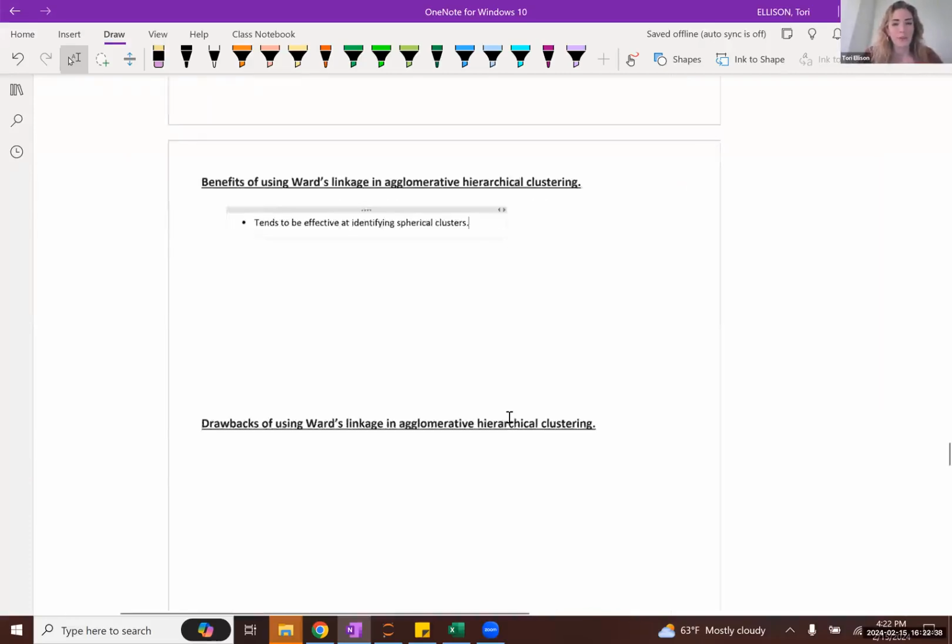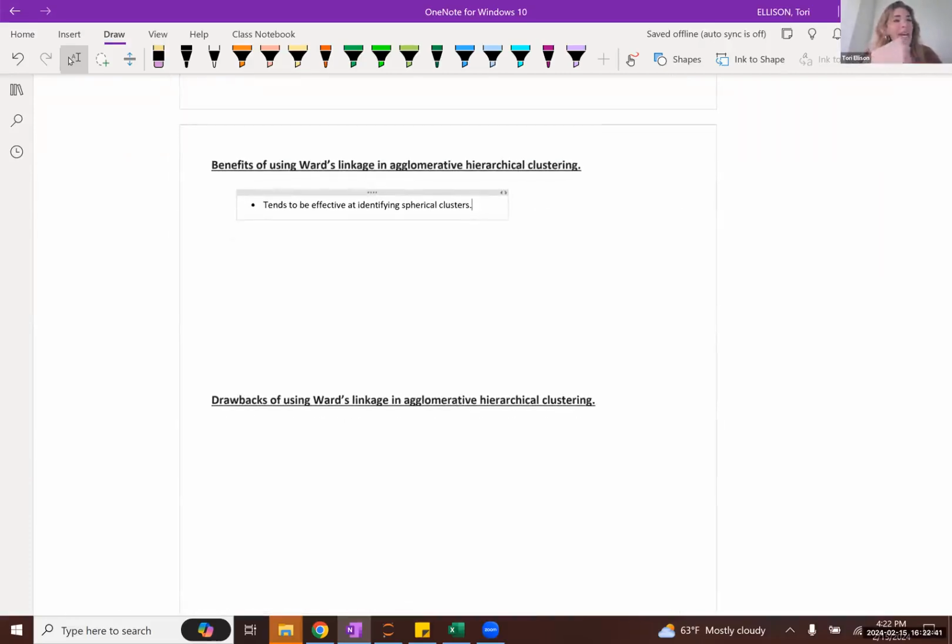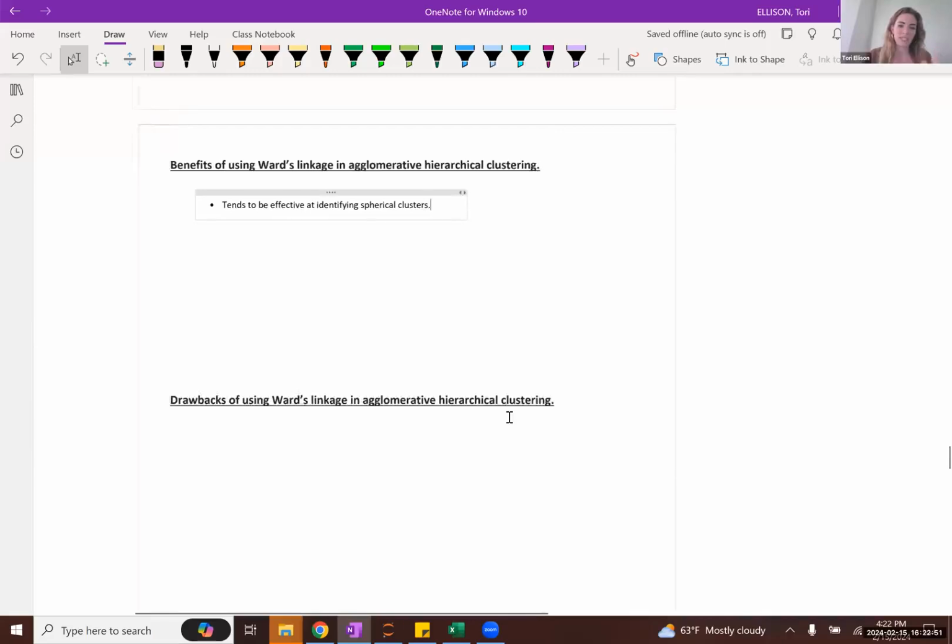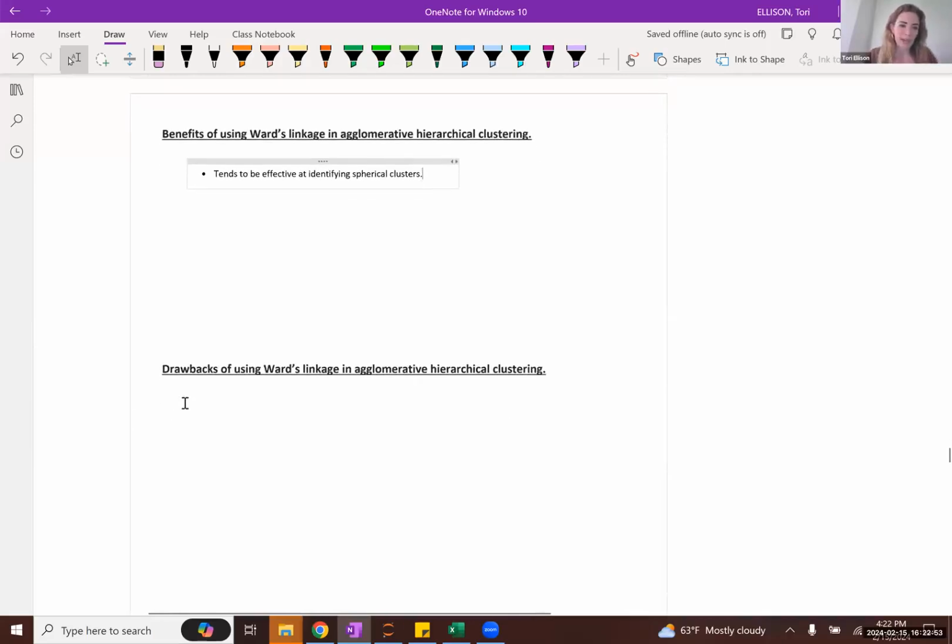In other words, Ward's linkage is carrying with it the same assumption as to what defines a cluster. It's carrying that prototype-based definition of a cluster.